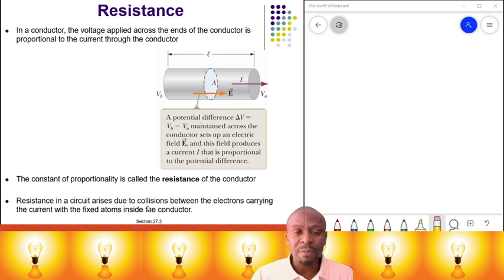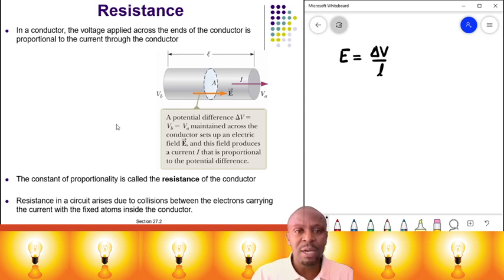Now, from the previous chapters, we have seen that the electric field can be determined in terms of the gradient of potential. If I want to write the change in V for this equation, this is what you are going to have.